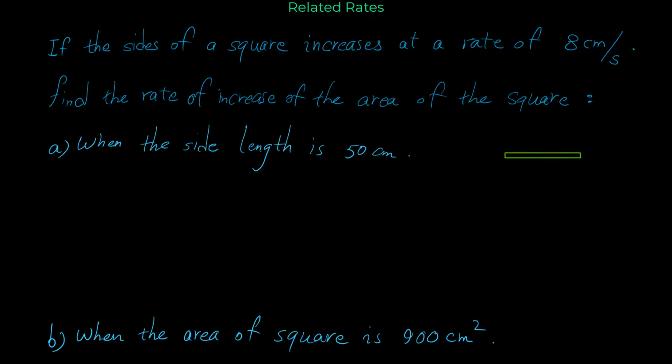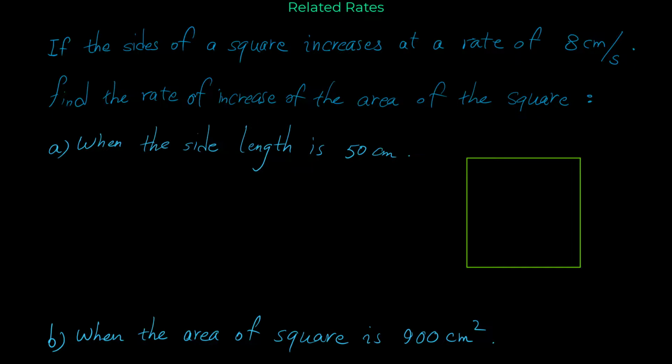First, let me draw a square here. Sometimes drawing a diagram for your question can be helpful. So we have a square and we know that the sides of a square are increasing at a rate of 8 centimeter per second.